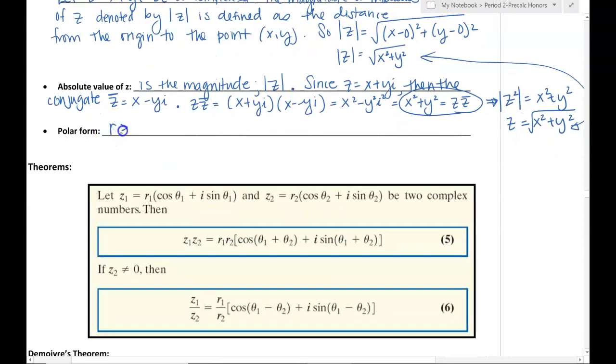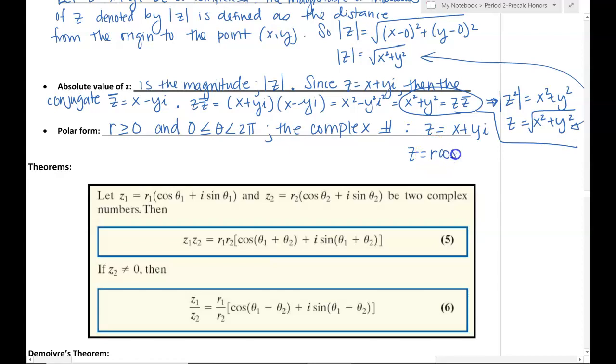So if the radius is bigger than or equal to 0, and theta is in between 0 and 2 pi, inclusive at 0, the complex number z equals x plus yi is, as you know already, x in polar form is radius times cosine of theta, and y in polar form is radius times sine of theta, and then we stick an i, imaginary number, at the end.